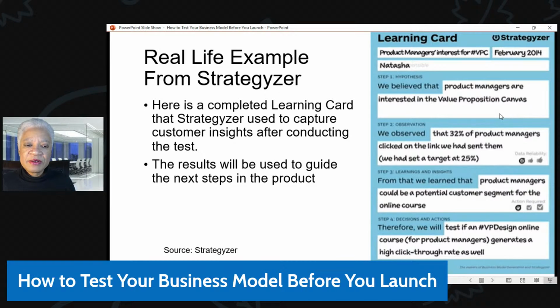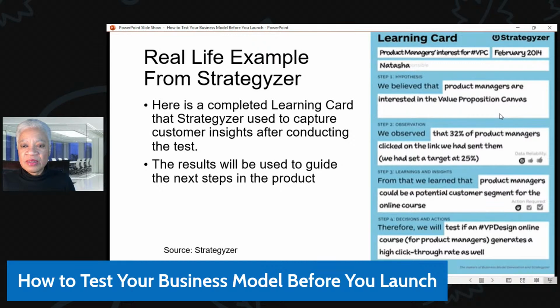So they completed the learning card, and they captured the insights, and the insights that they got are going to be used not necessarily to green light the project. They, at this point, probably were not far enough along where they wanted to green light the project, but they did have good information to know that they were making an informed choice as to what to do next.